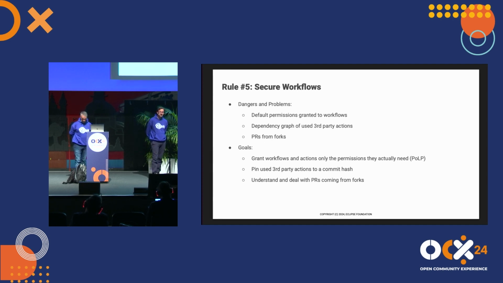And then the third thing, as I mentioned before, is you might get PRs from anybody, so also from forks, and they might contain all kinds of malicious things, and you need to handle them differently.